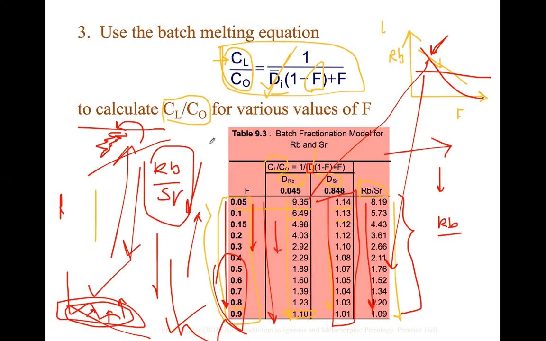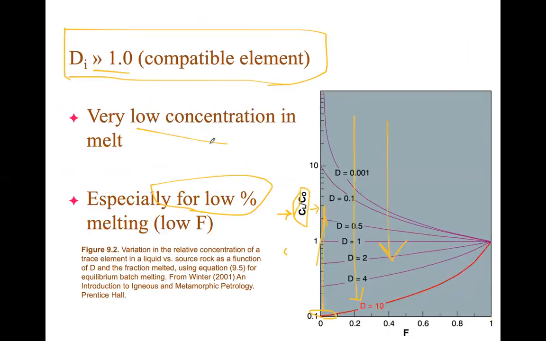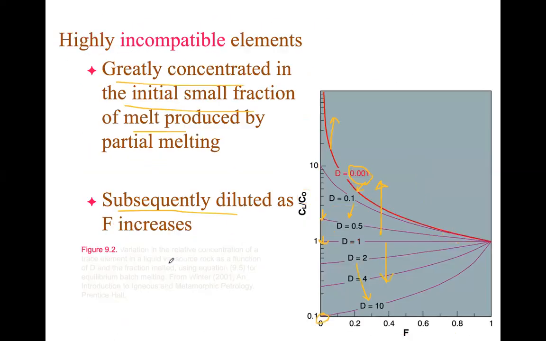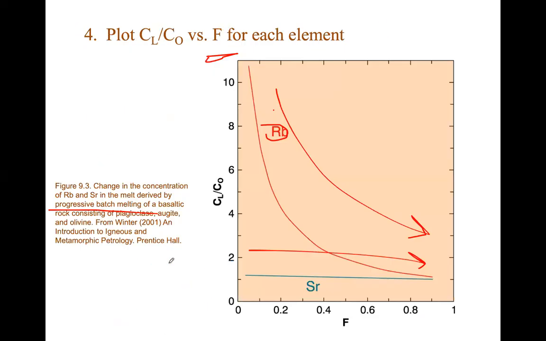So we have to take the individual elemental partition coefficients for the system, basaltic or granitic or whatever, right? So in a basaltic system, for example, see basaltic and andesitic rocks, we are taking the respective partition coefficient numbers, right? Rubidium like this. Okay, so that matters. So in a basaltic system, progressive batch melting will result in this type of behavior for highly incompatible elements like rubidium.